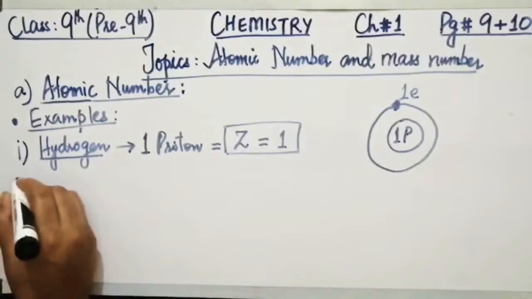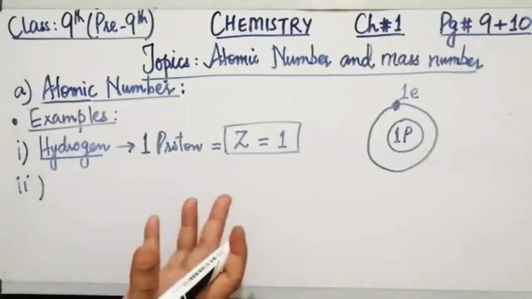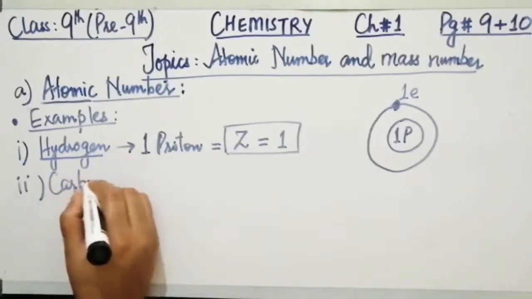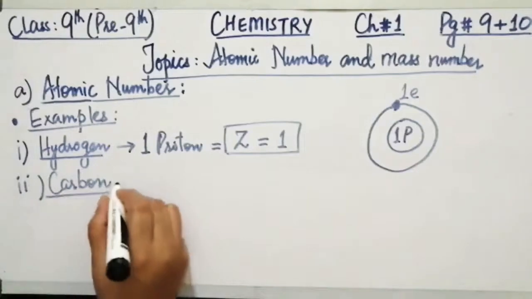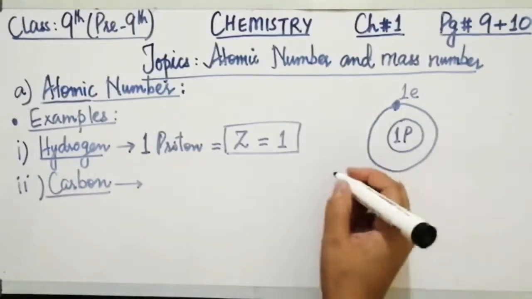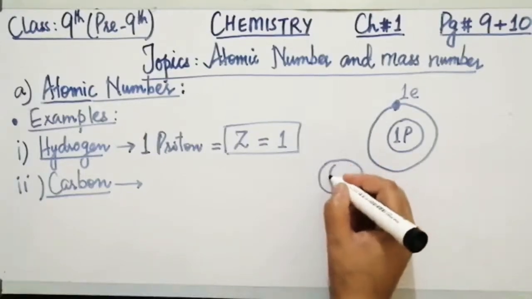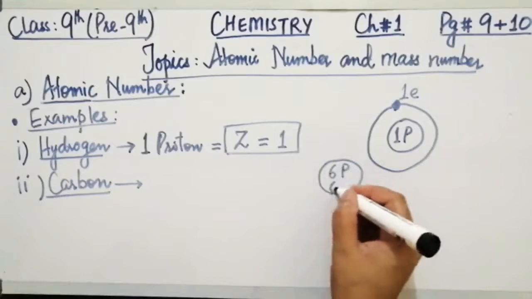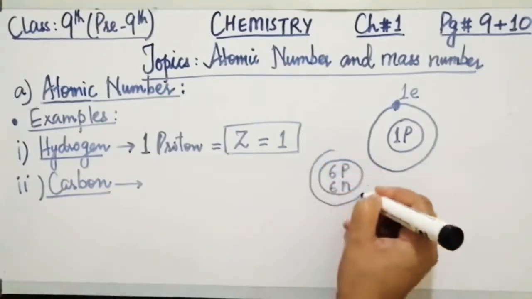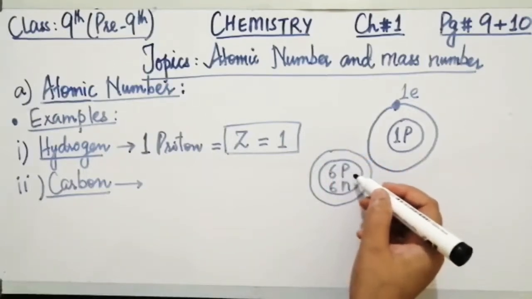Another example. Take the example of any other element, like you can take the example of carbon atom. Now, again you have to draw the structure of the carbon atom. The carbon atom contains 6 protons and 6 neutrons in its nucleus, while the number of protons and the number of electrons are always the same.